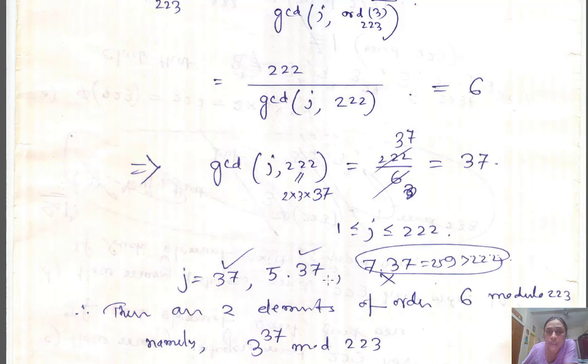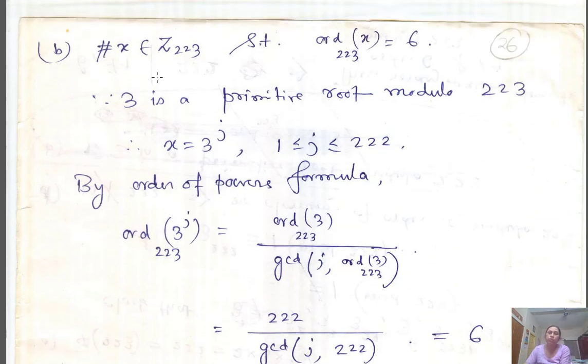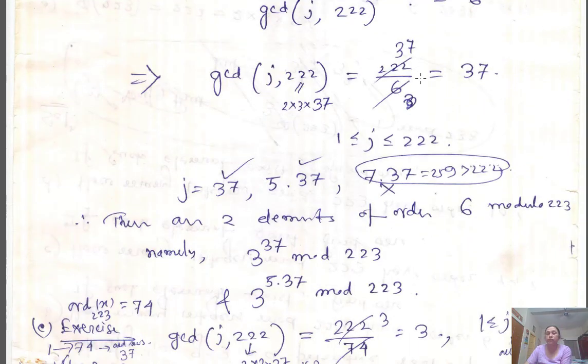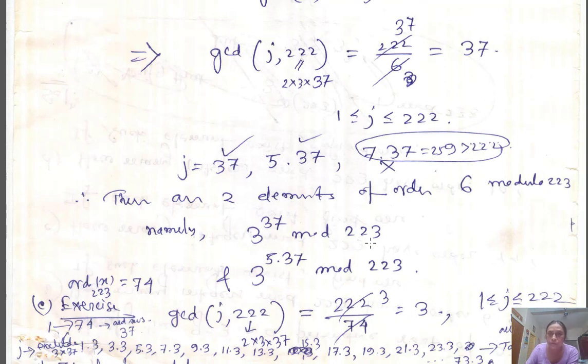Always check whether this value is within the range. 6 into 37, no. 7 into 37 is greater than 222, out of range. So only two values of j hold, meaning there are only two elements of order 6: 3 to the power 37 modulo 223 and 3 to the power 5 into 37 modulo 223.